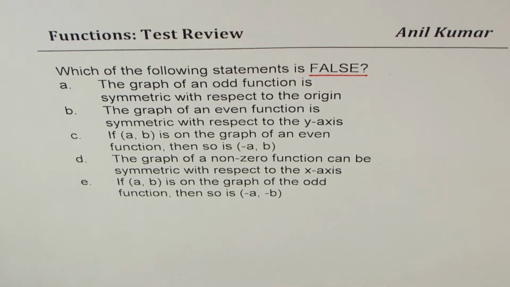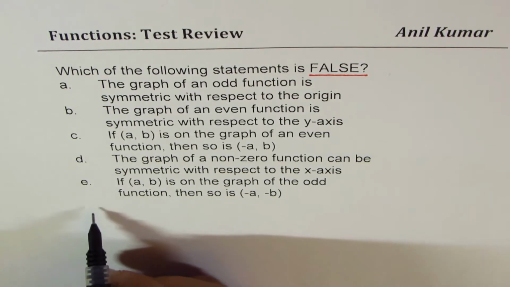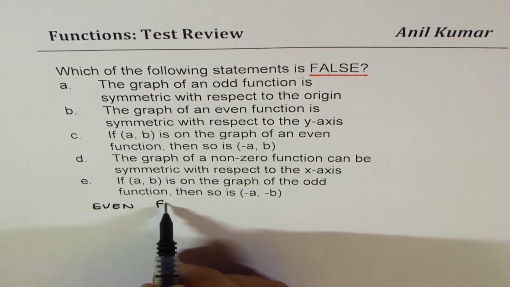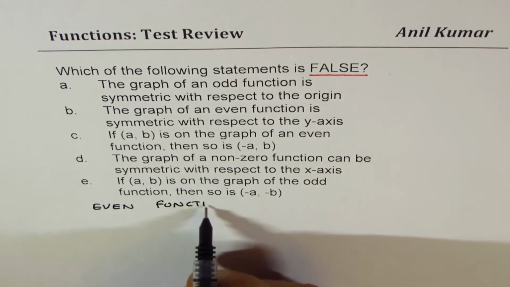Now I'll take this opportunity to also explain what even and odd functions are, and then we'll answer both the questions. So let us discuss what is an even function and what is an odd function.